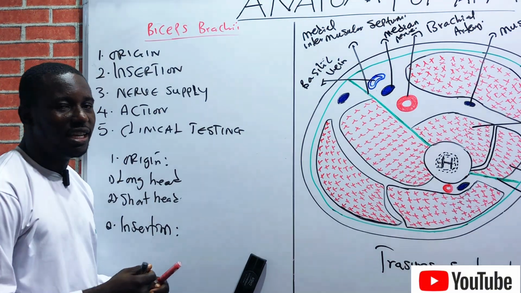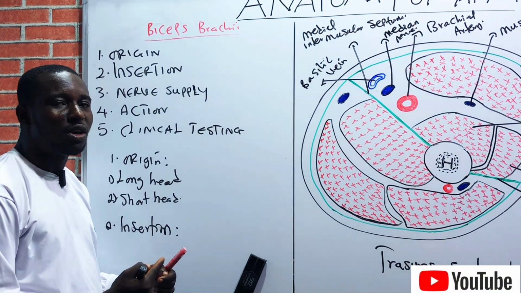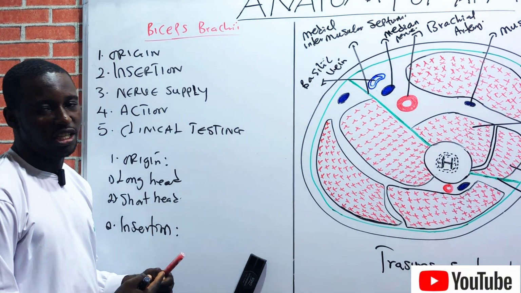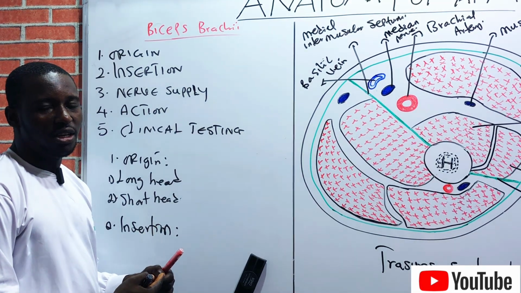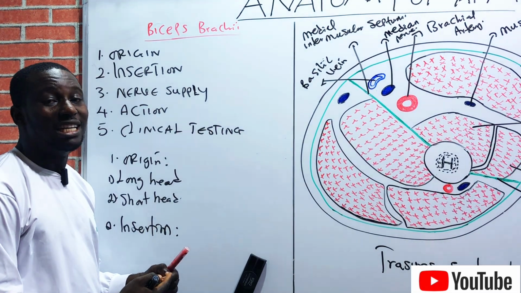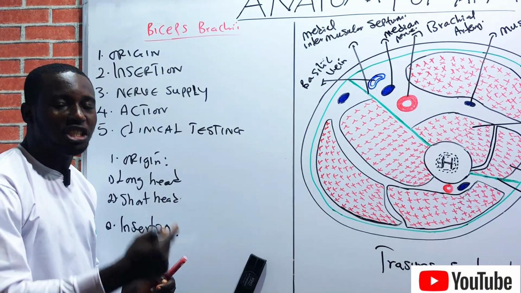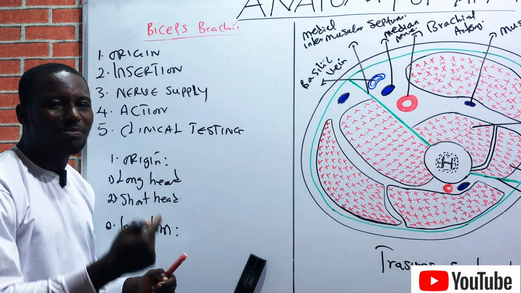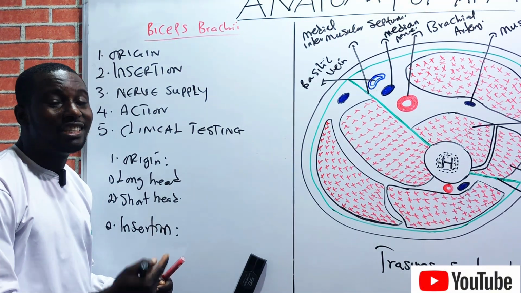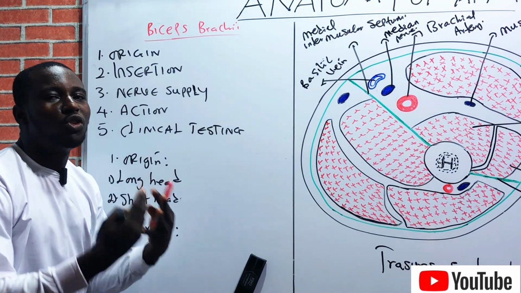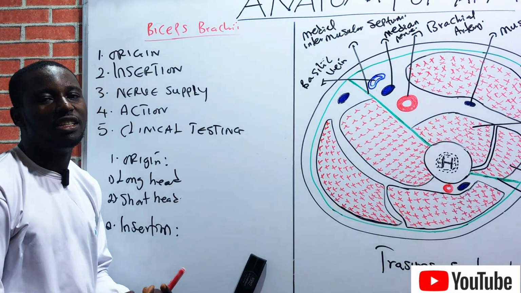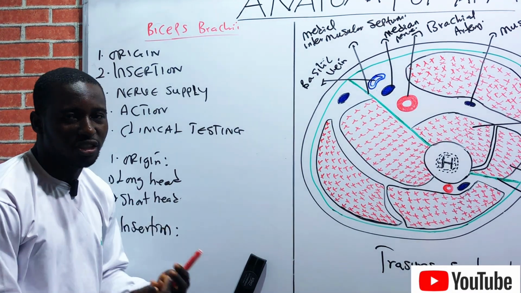It is as well inserted at the deep fascia on the medial aspect of the forearm by its aponeurosis. What is the aponeurosis of the biceps brachii? It is the bicipital aponeurosis.